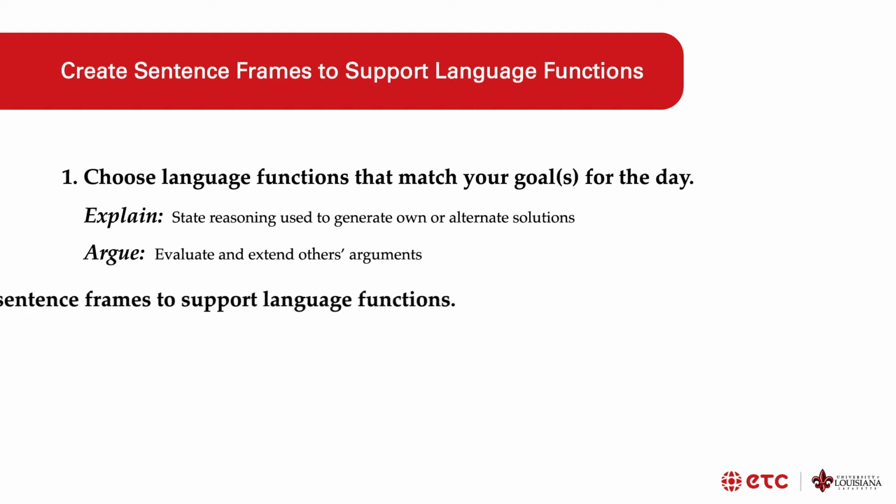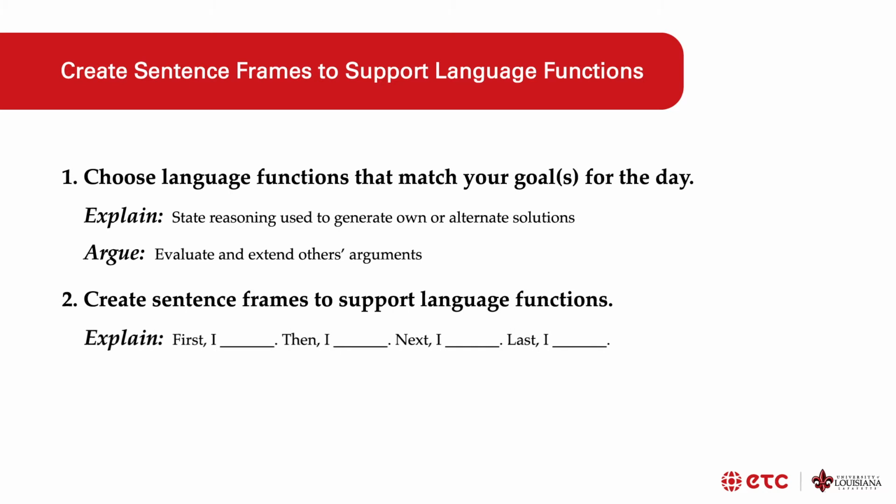So I can create a sentence frame that supports students in explaining their strategies. The sentence frame might look like this: first I, then I, next I, last I. So that sentence frame is one that I would incorporate into this lesson to help students explain their strategies.